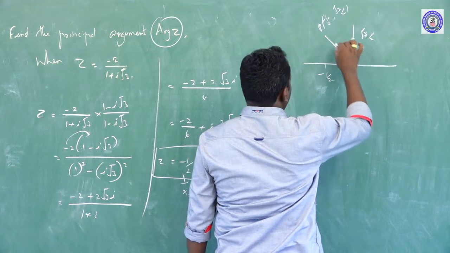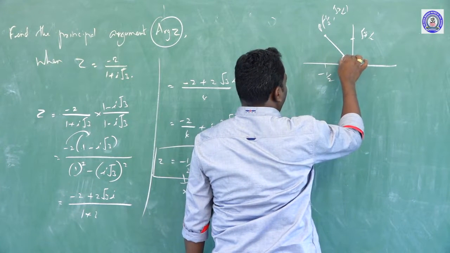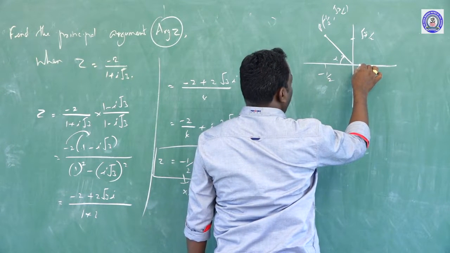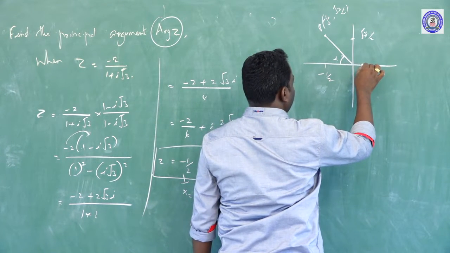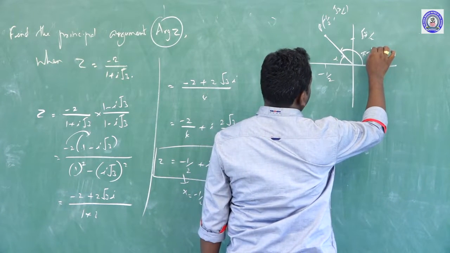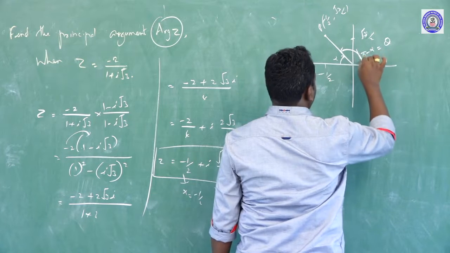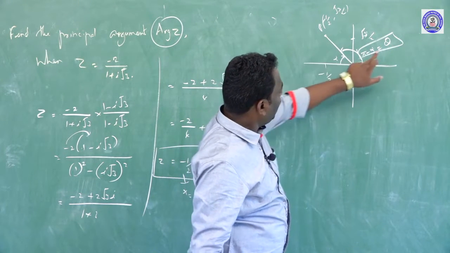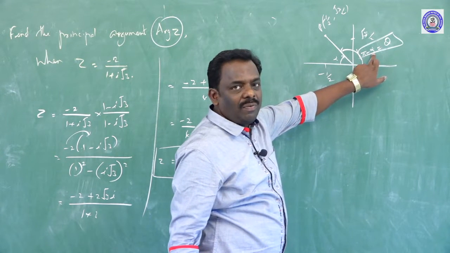The angle between the x axis and the point is defined as alpha. The angle from the origin, from the positive x axis, is pi minus alpha, called theta. Therefore, for any point lying in the second quadrant, theta equals pi minus alpha, as we already know.